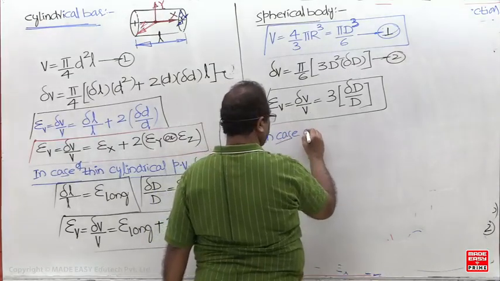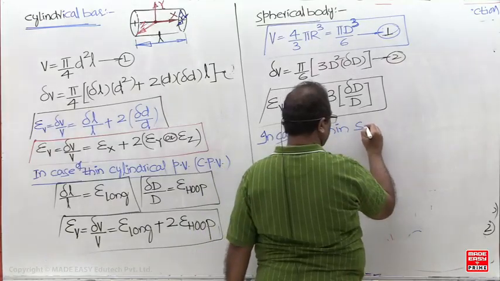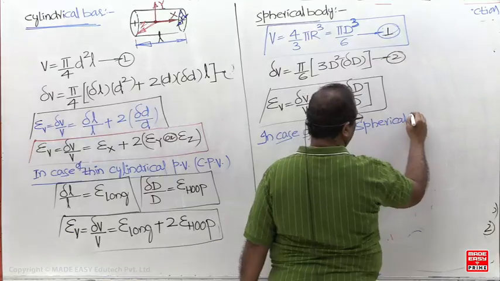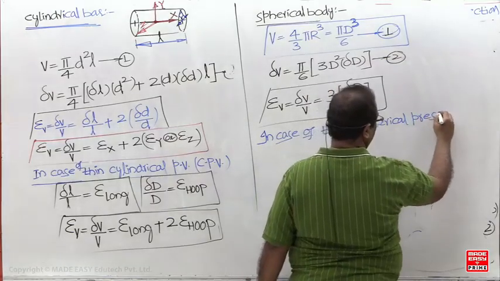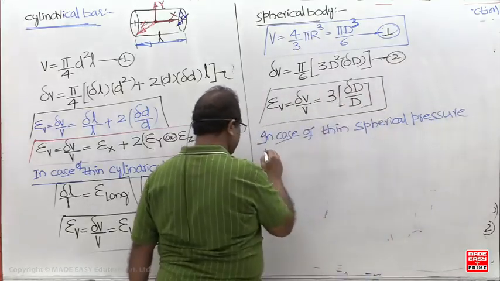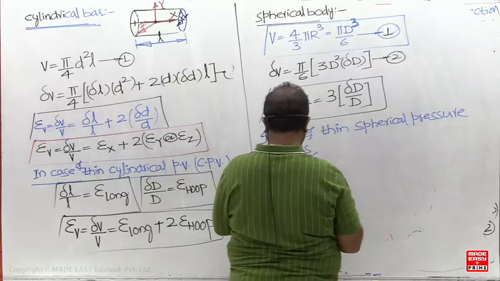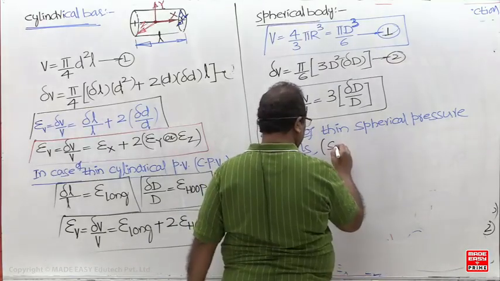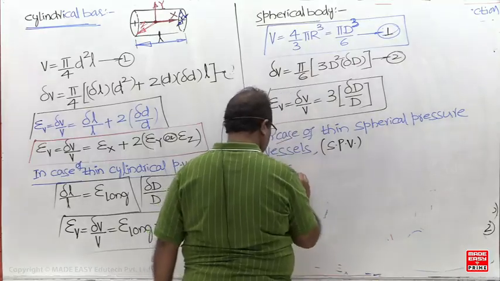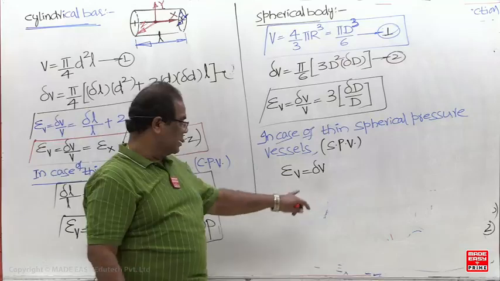In case of thin spherical pressure vessels, SPV, in a sphere there is no length, only diameter will be there.